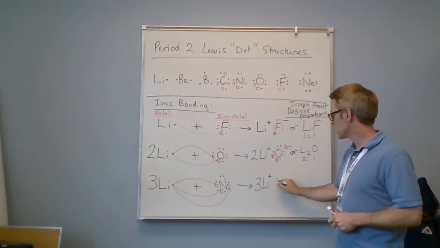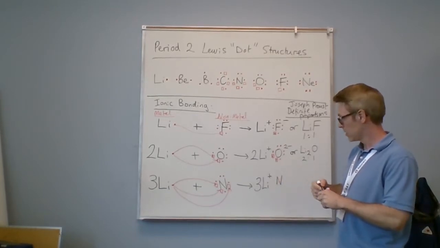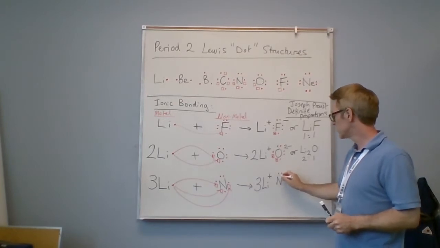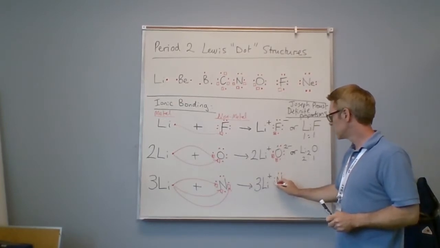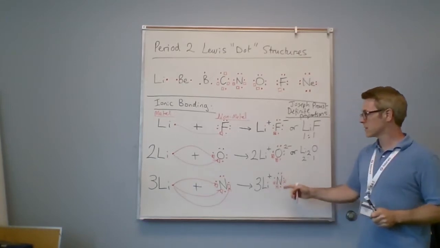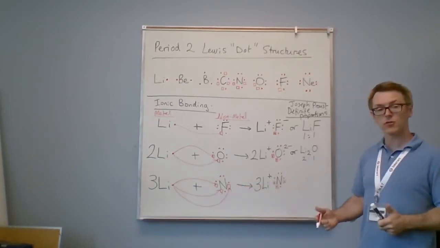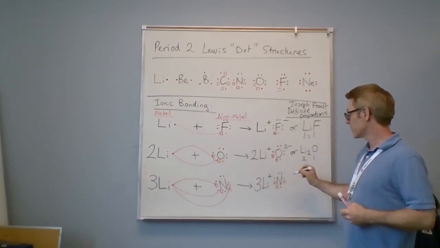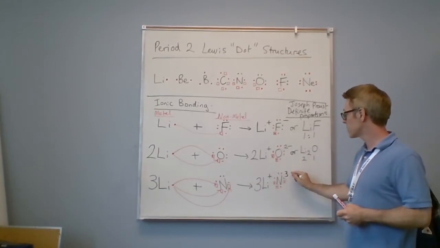The nitrogen now has picked up 3 extra electrons. So the 3 boxes of nitrogen are now filled with the 3 electrons from lithium. The addition of 3 negative electrons is now a negative 3 charge.